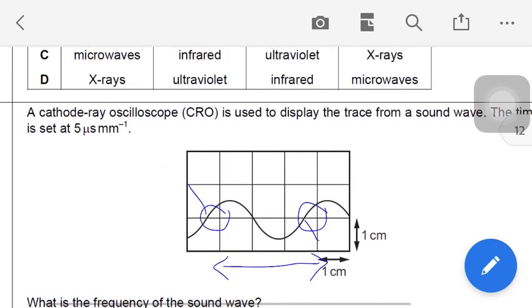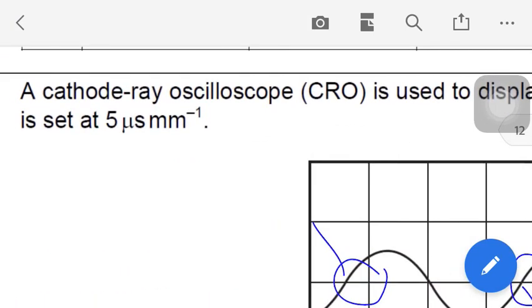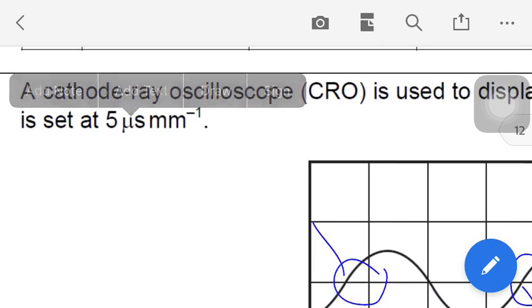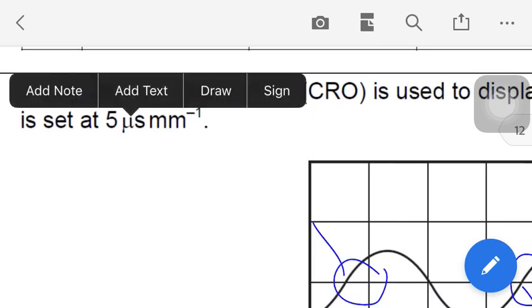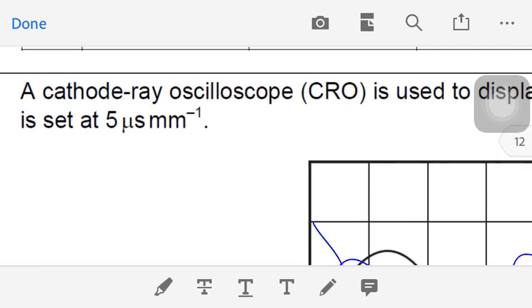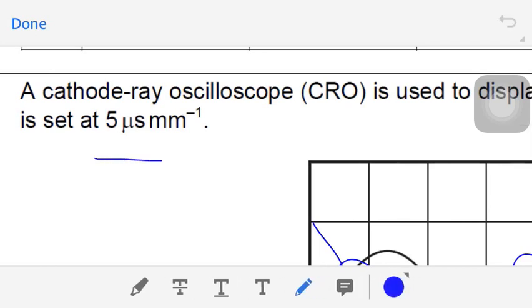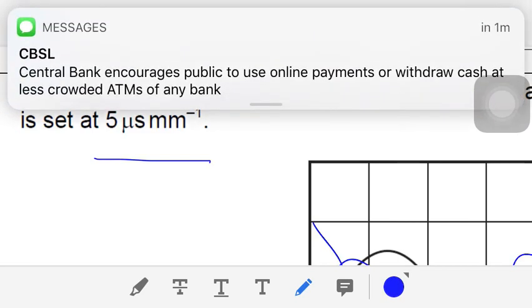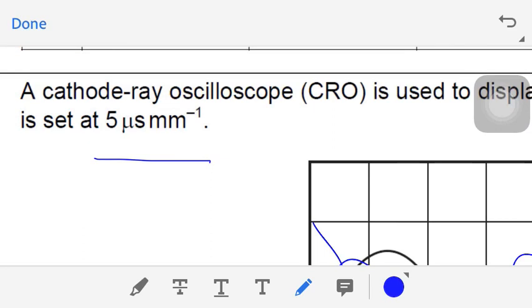Now here in the question they say that each millimeter represents 5 microseconds. So the common mistake is you might think of millimeter as centimeter. Be careful, it's millimeter.